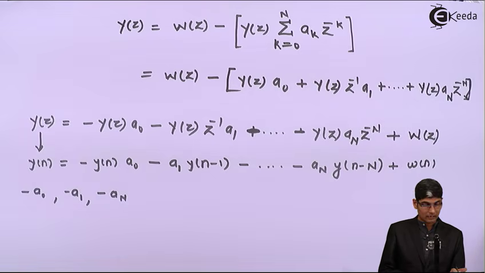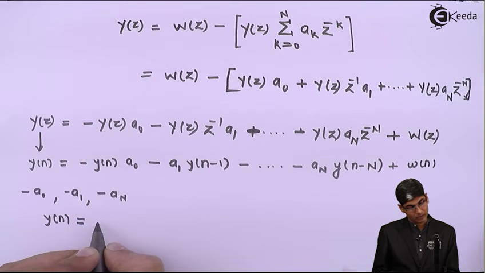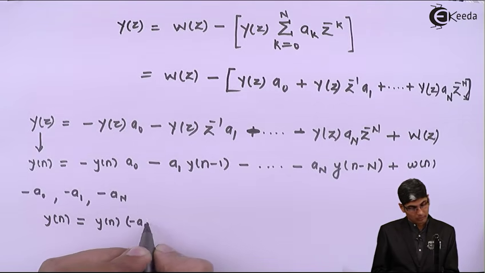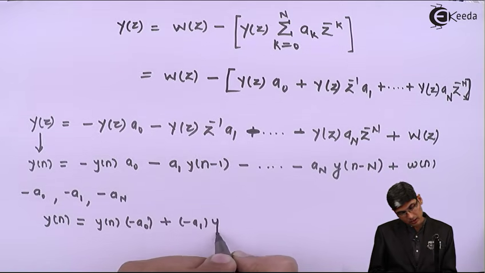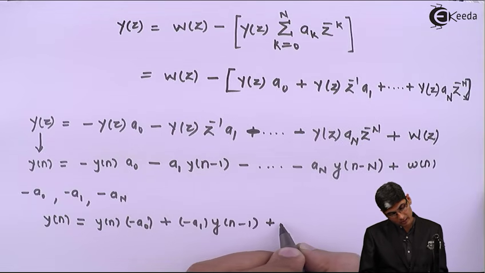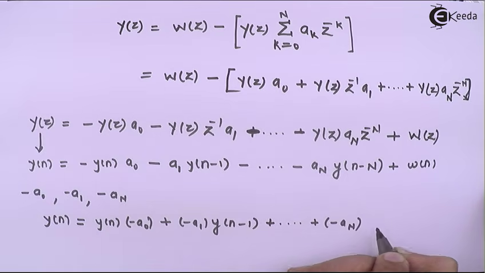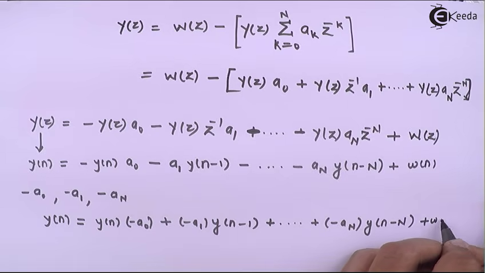And then again I can write it like this, y of n equals to y of n into minus a0 plus minus a1 into y of n minus 1, plus so on, plus minus an y of n minus n plus w of n.